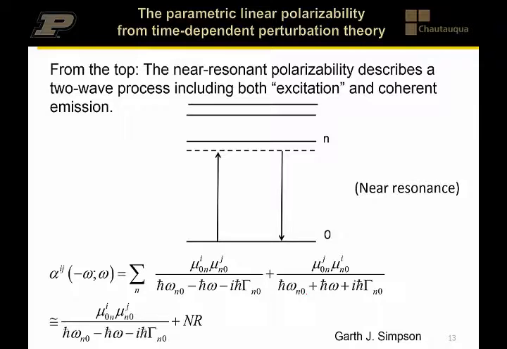And the classic expression from time-dependent perturbation theory for the linear polarizability is given by this expression. It's a sum over states where you've got all these n excited states that are potentially contributing. And we're summing, if we can think about making this virtual state by taking a linear combination of real states.